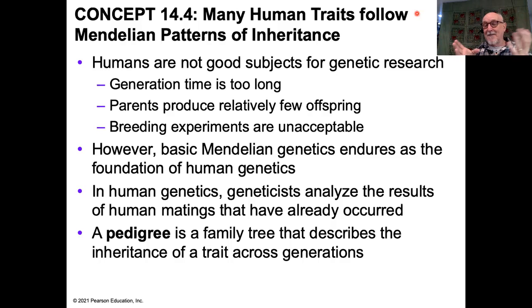So that makes studying very difficult. The other thing is we don't breed people deliberately with one another. That is unacceptable. We don't breed human beings as an experiment. We have to just follow what is happening naturally.